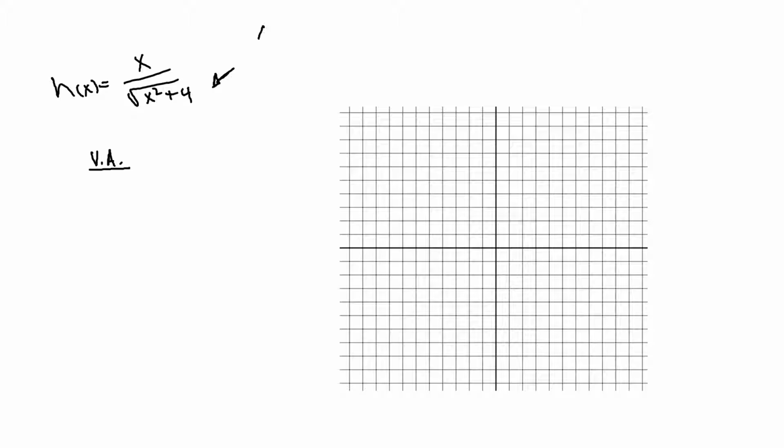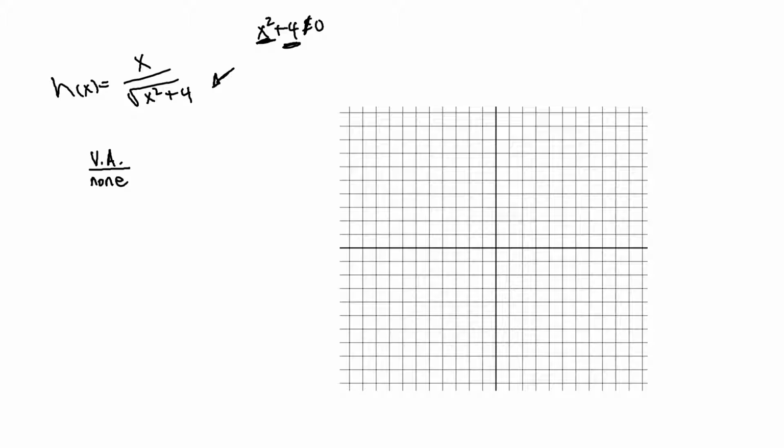Which is only true if x squared plus 4 is equal to 0. Is that possible? No. Anything that we square is going to be positive, and if we add something to that, it will just be a larger positive number. It will never equal 0. So for our vertical asymptote, since the denominator will never equal 0, we're going to say that there's none.